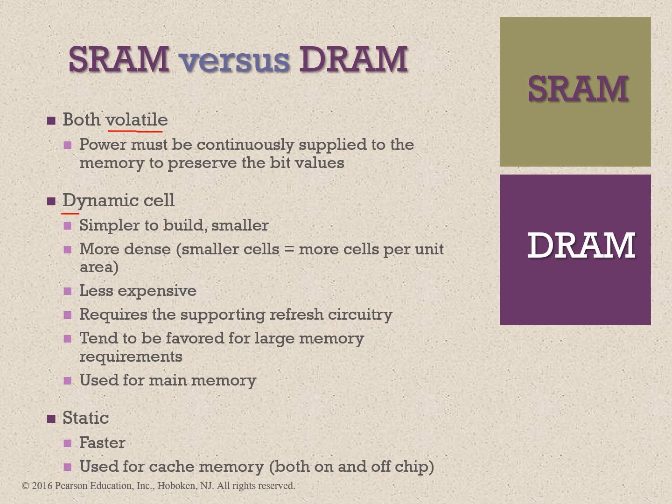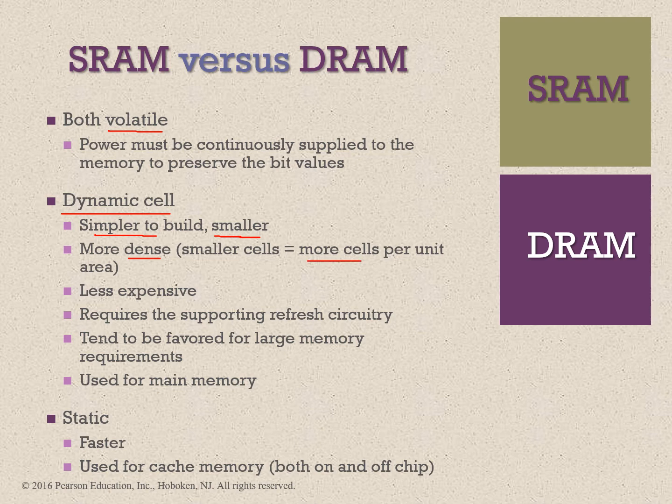In the dynamic cell, the DRAM is simpler built and it is small, and it is more dense. Dense means heaviness. It's a little heavy because the cells are really smaller. I told you in the first point, the cells are smaller, so you need more cells per unit area.